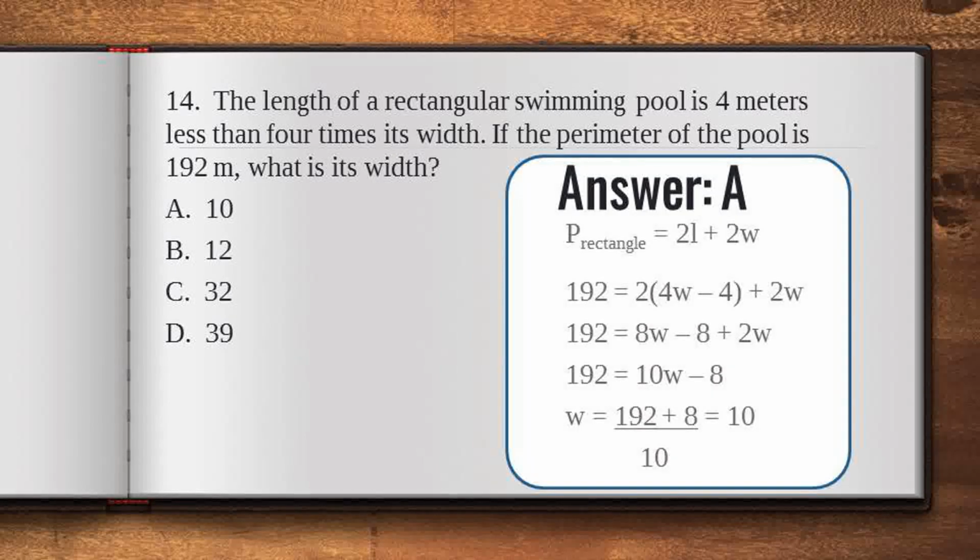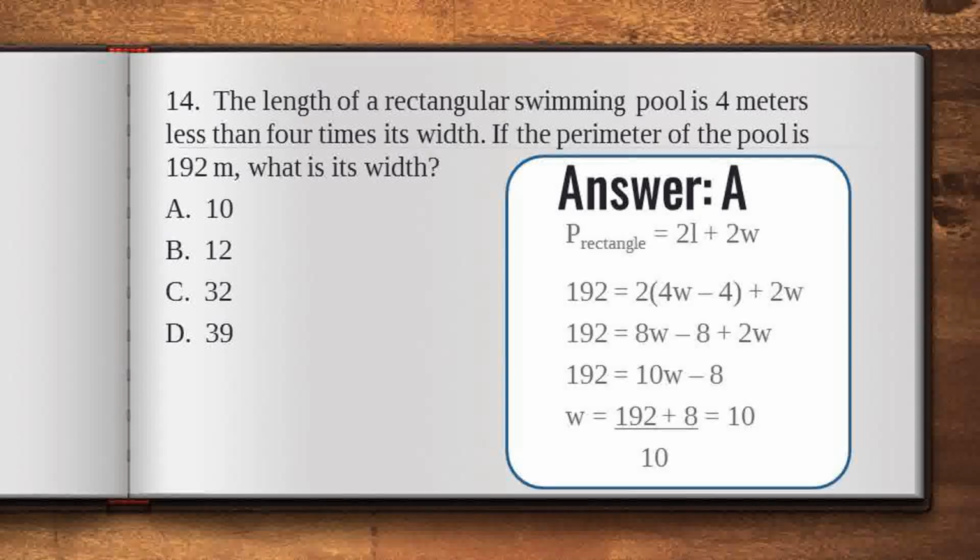So recall that the perimeter of a rectangle is twice the length plus twice the width. So in this example, we do not know the width of the pool, so we set that unknown to W. We also do not know the length, but what we know is that the length is 4 meters less than 4 times the width, so we set the length of the pool as 4W minus 4.